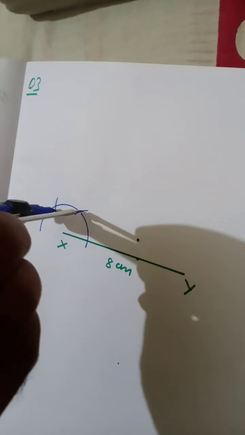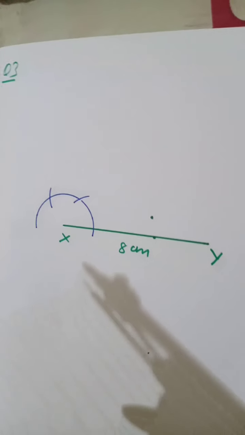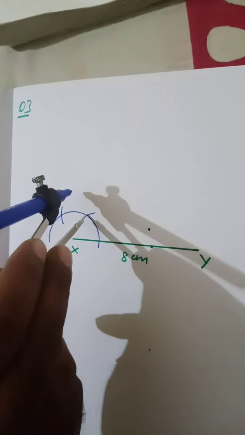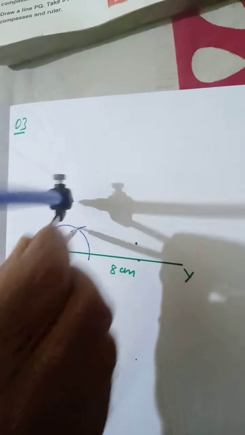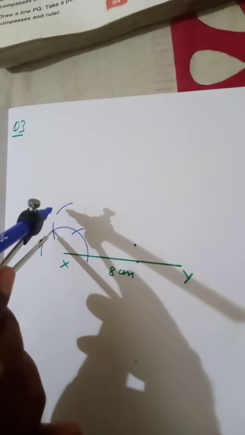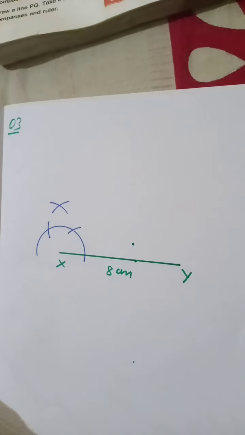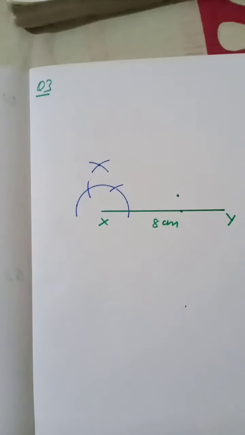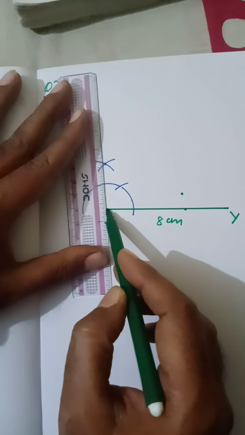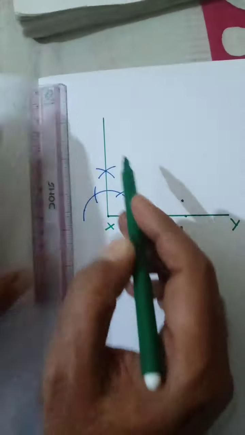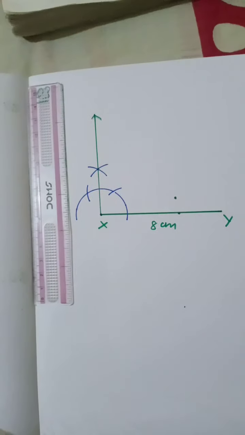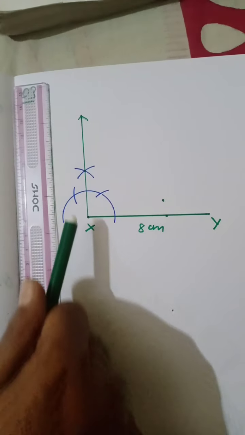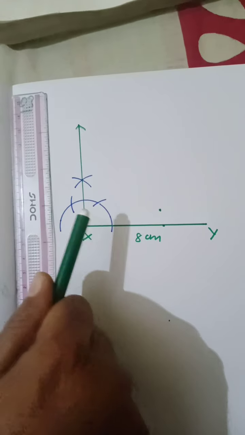From here, the first arc is of 60 degrees. The second arc is of 120 degrees. Then one arc from here and a second arc from here. You will get this point, and join this point. This is a perpendicular on XY at point X.